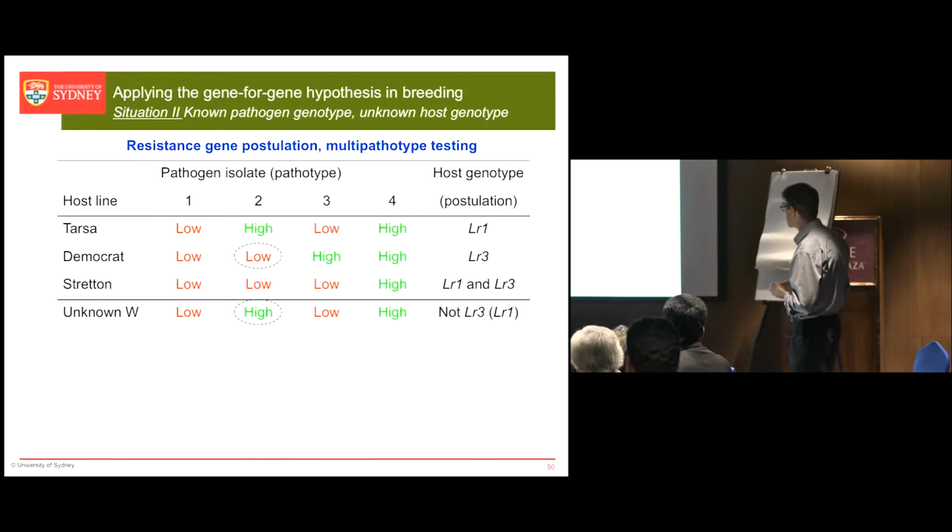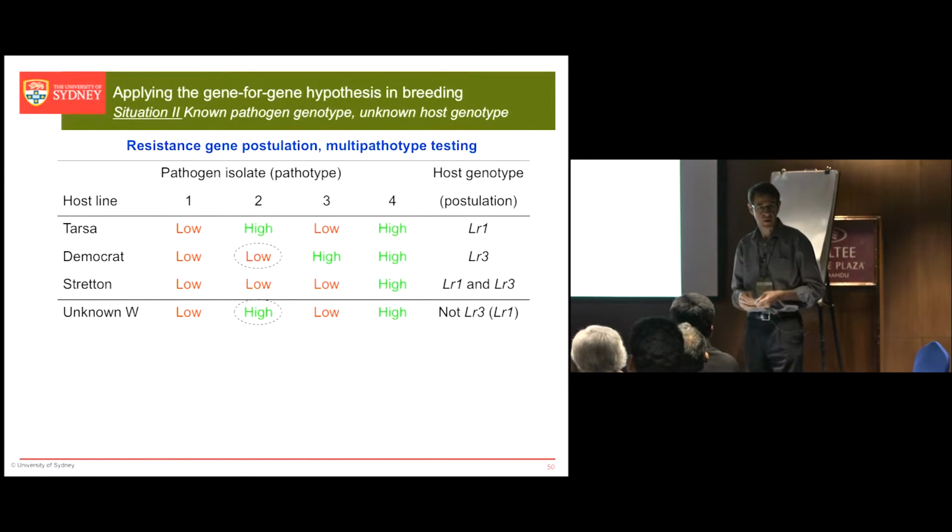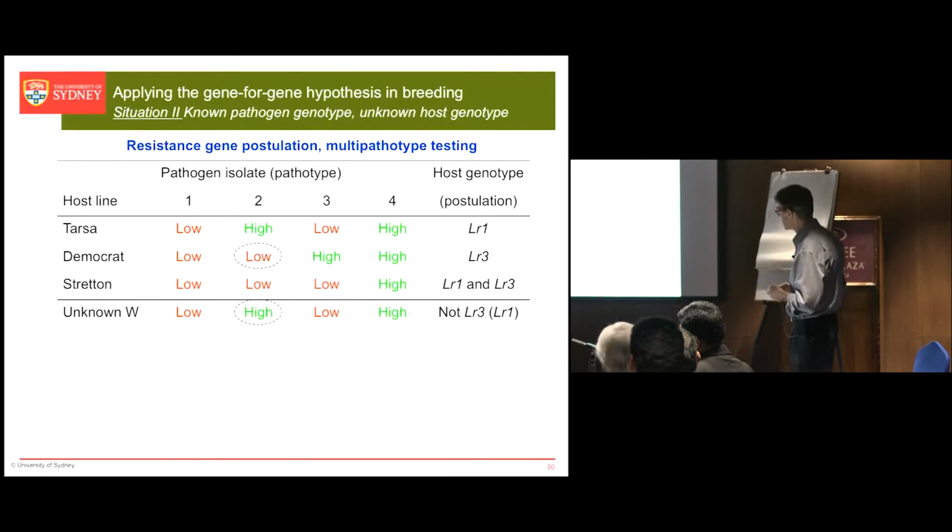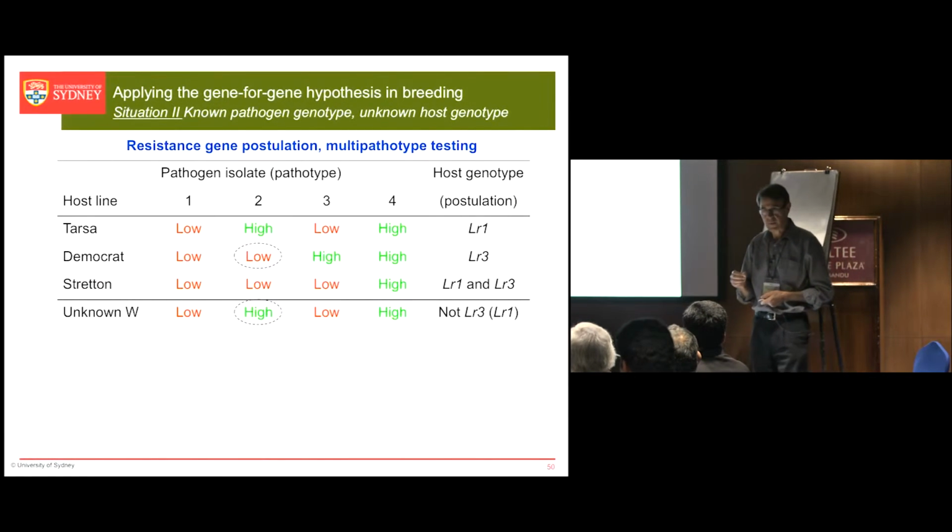Now typically what I do with my tests is I would use about 9 or 10 different pathotypes, and by looking at these patterns of response and using the gene-for-gene hypothesis, I can usually be about 90%, 99% accurate with postulating what gene is present. And I use not only the pattern of the response, and particularly this way of ruling out the possibility of particular resistance genes, but I also look at the infection type.